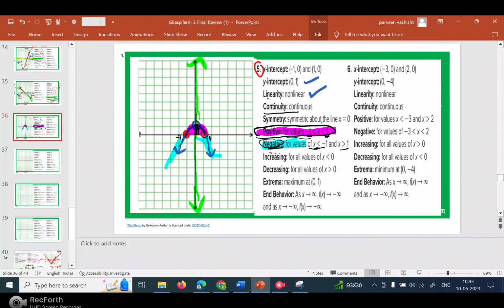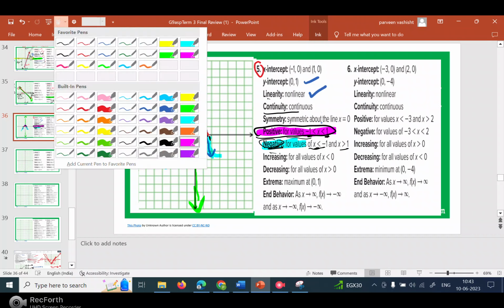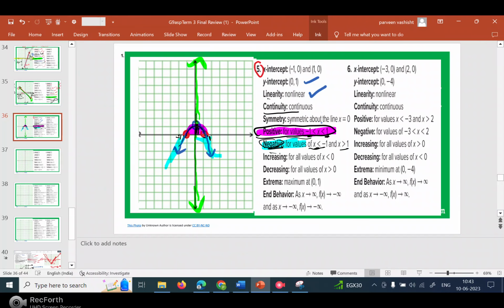Now, we have done this, and increasing for all values of x less than 0. So my graph is increasing for negatives, it's going up, up to here.